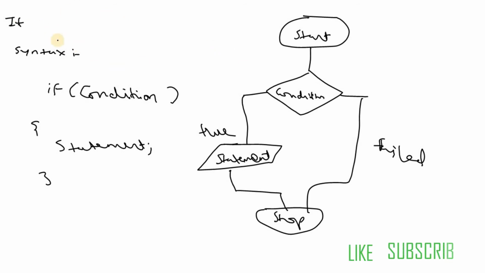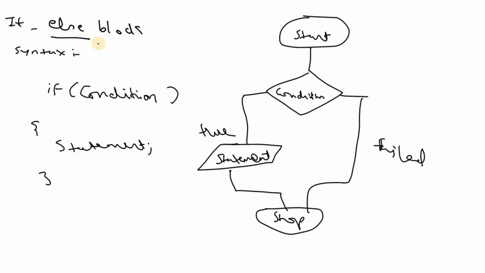Suppose instead of if, it is if else block. So what is the use of else? It is used to provide some optional information whenever the given condition is false.